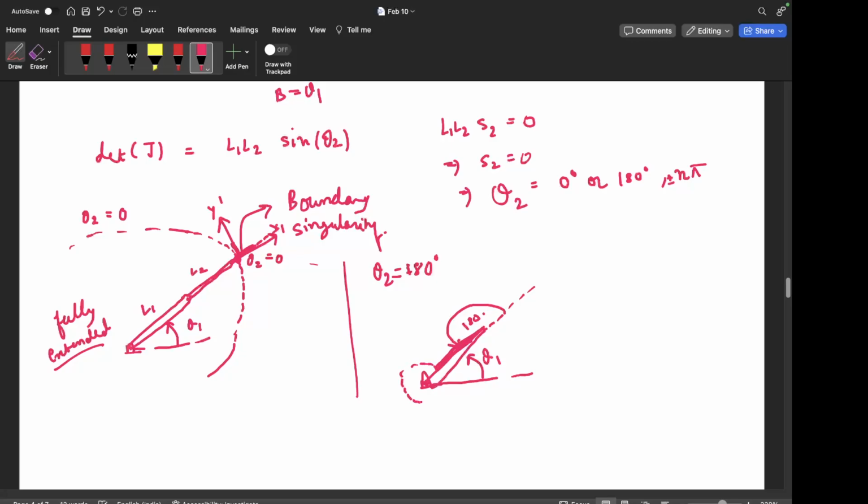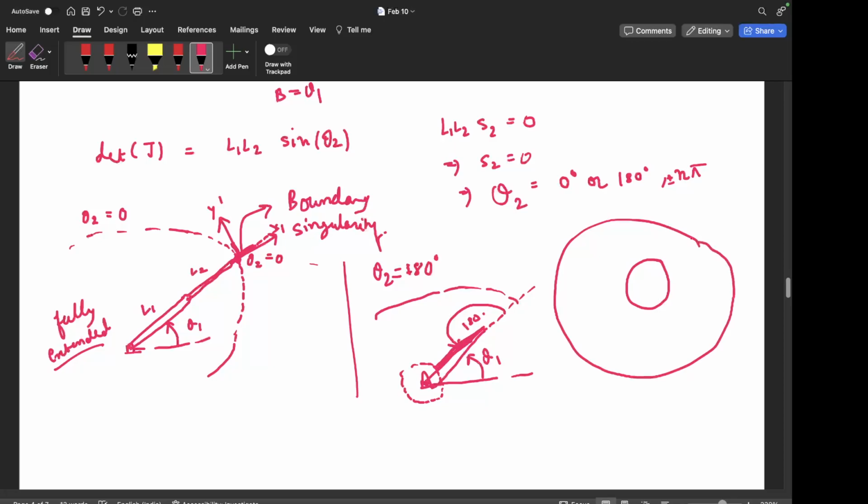In that case, there is again what we have seen before, that annulus, right? If link 2 is smaller than link 1, then there was this annulus, which was the reachable workspace, and here was the center.